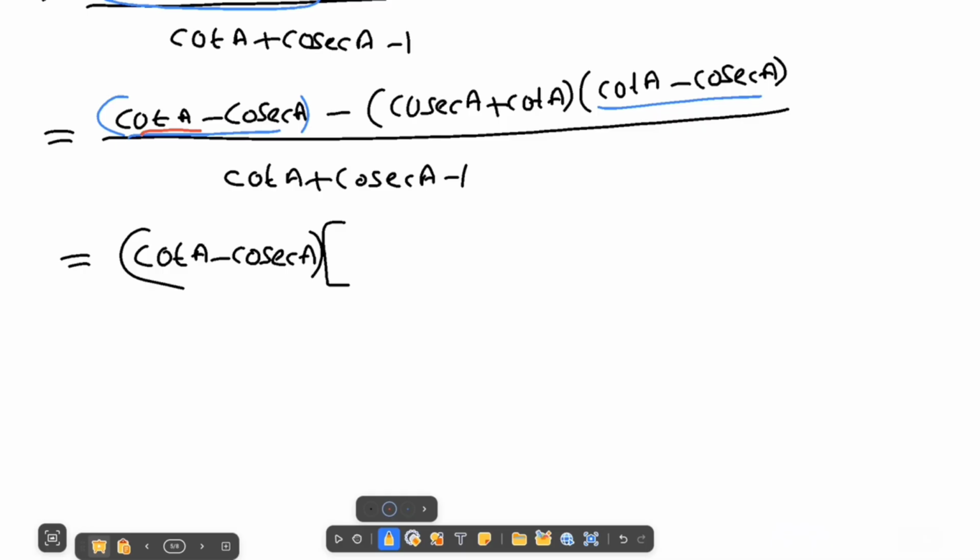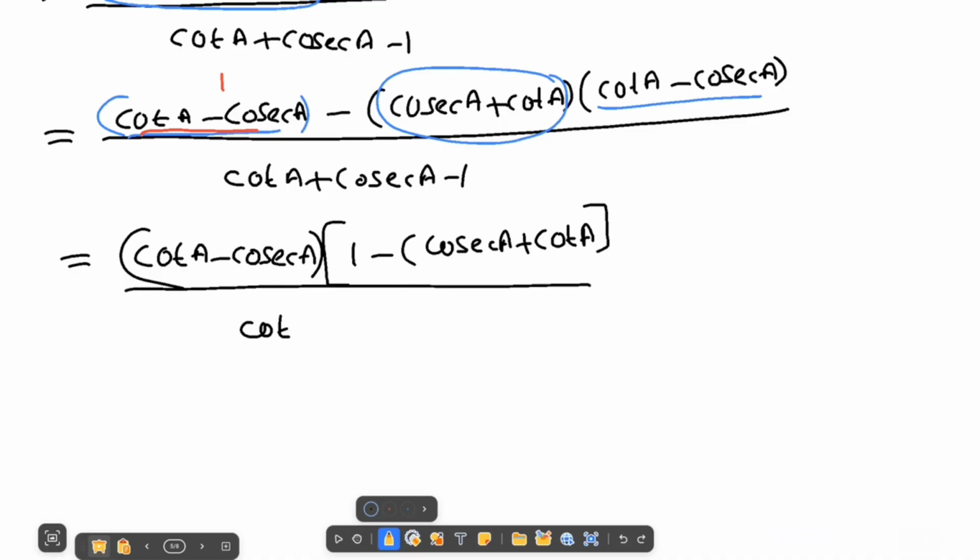If you take it common, we will have 1 here, so 1 minus, here we will have minus of (cosec A plus cot A), whole by cot A plus cosec A minus 1.